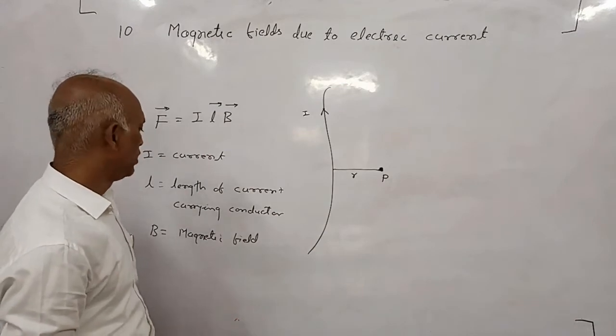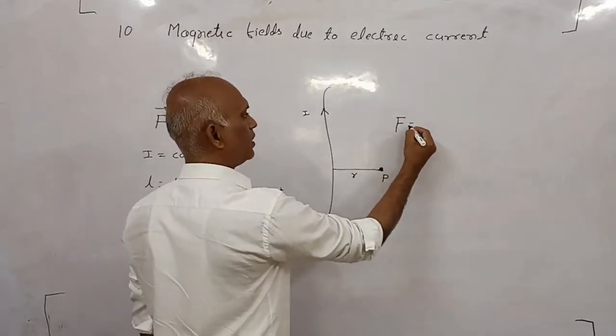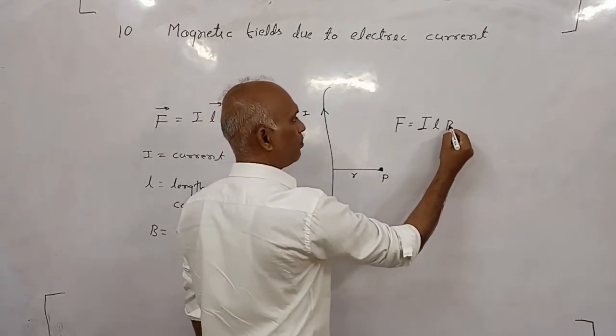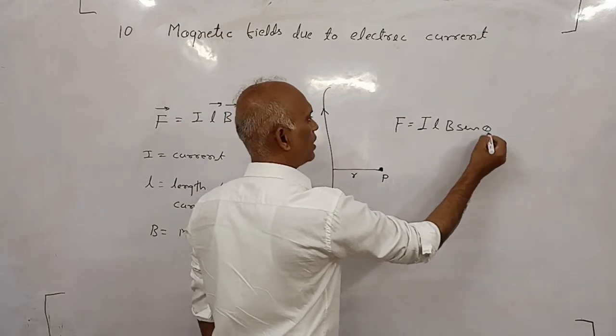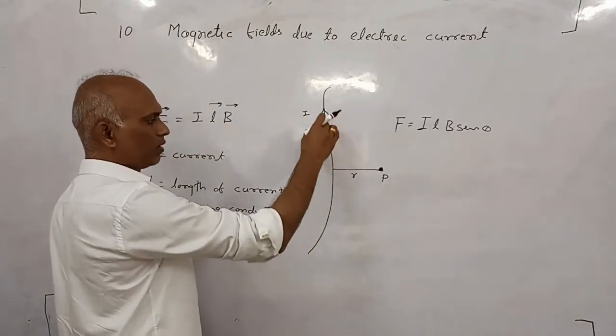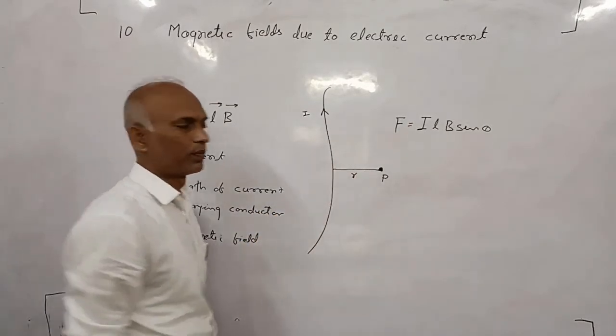In terms of magnitude, we can write this as F is equal to I L B sine theta, where theta is the angle between the direction of length and the direction of the magnetic field.